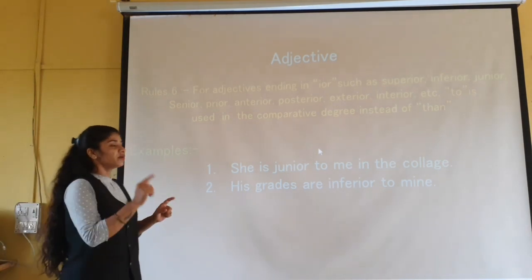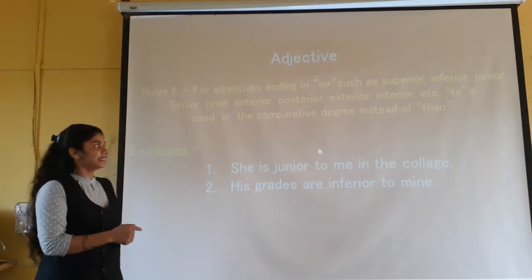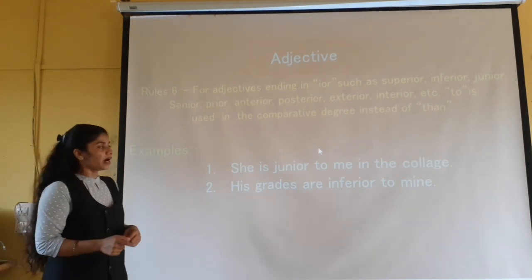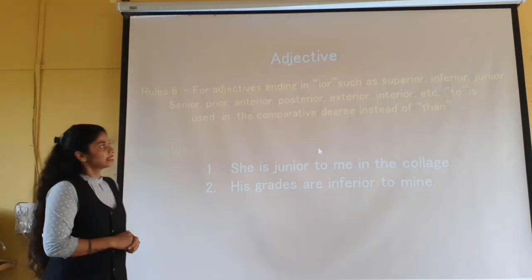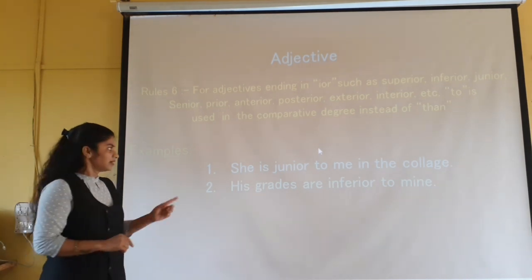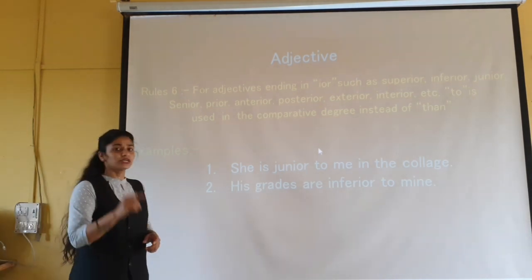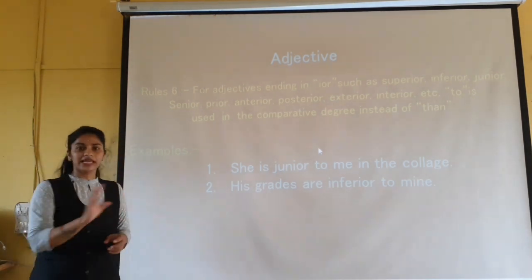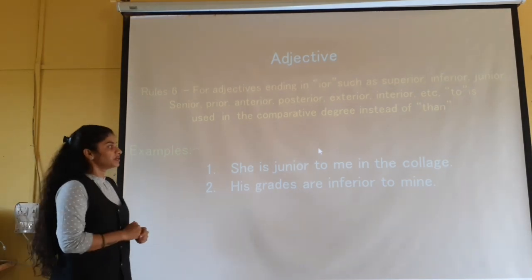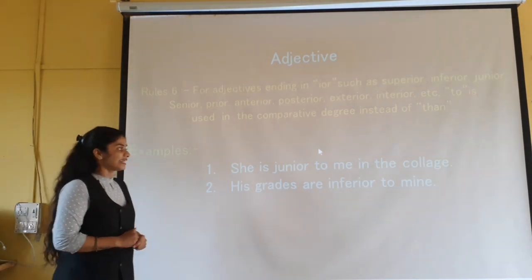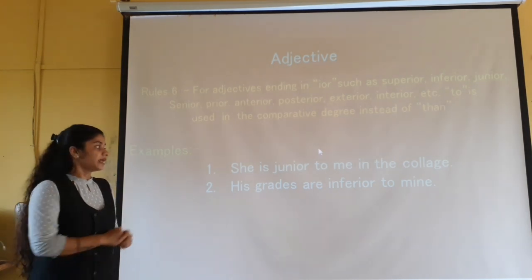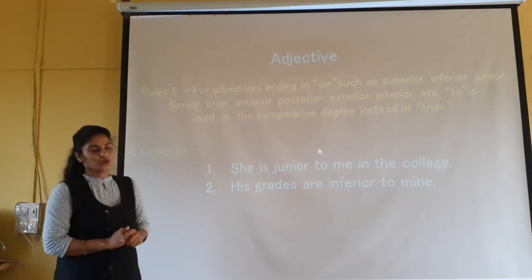But here, if the words already end in OR or IOR, we are just going to use to instead of than. So here are the examples. She is junior to me. She is junior than me? No, it's wrong. She is junior to me in the college. His grades are inferior to mine. Inferior than mine? No, it's wrong.